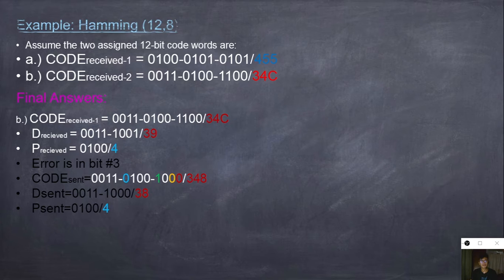For the P received it is 0100, with a hexadecimal value of 4.